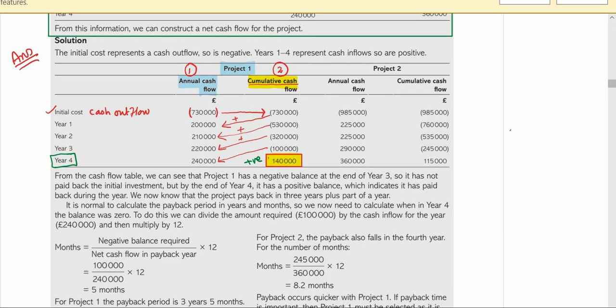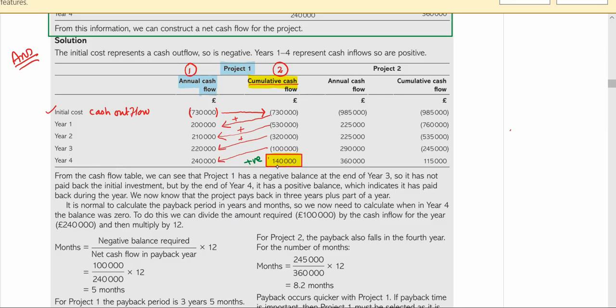Why? Because at year 3 our cumulative cash flow is negative 100,000. After year 3, and after a few months of year 3, we turn into the positive value.